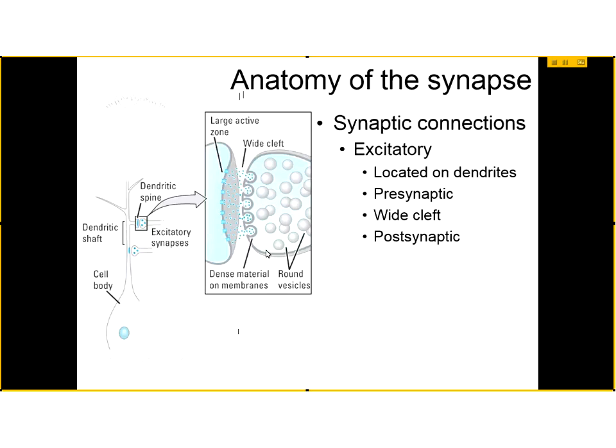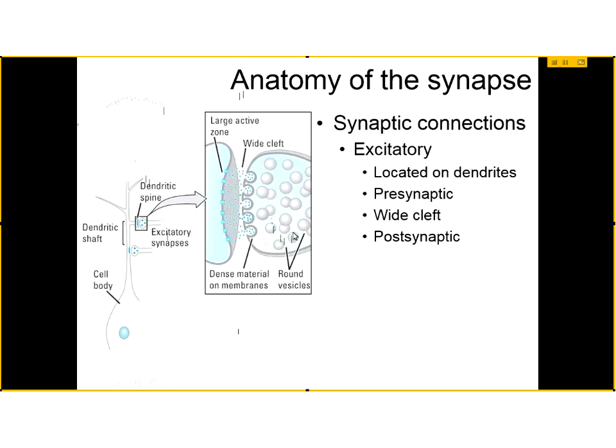First, excitatory synapses tend to be located on the dendrites. So if you were to look for excitatory synapses, you want to be looking at where those dendrites are. This isn't exclusive, but in general, we see that a lot of excitatory synapses occur on dendrites. So here is an example of an excitatory synapse, occurring here on the dendrite.